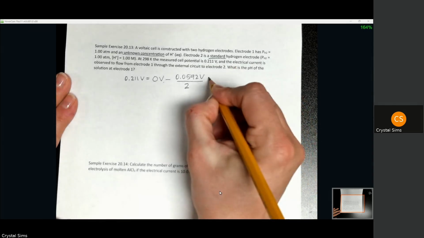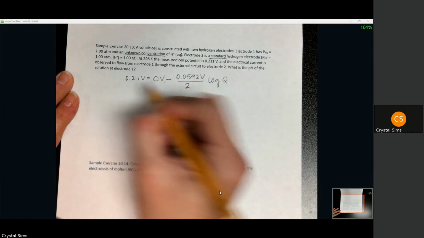How do I know that that's 2? Well, when we're looking at this type of concentration cell, we know that 2 electrons are flowing because we have 2 hydrogen electrodes. So we're going to have 2 as our N value, and that's going to be times log Q. So let's solve for log Q.